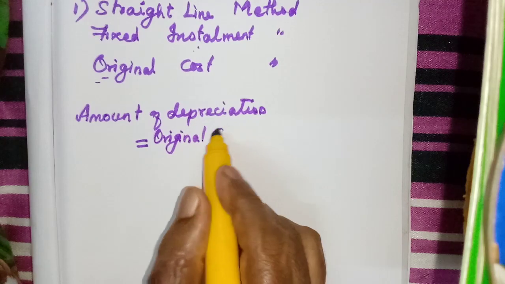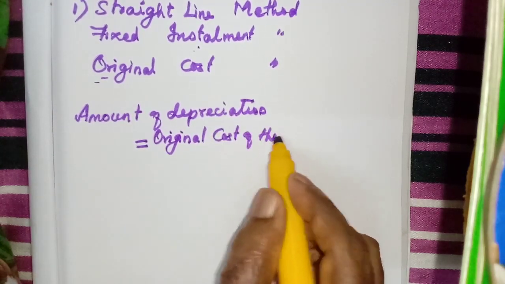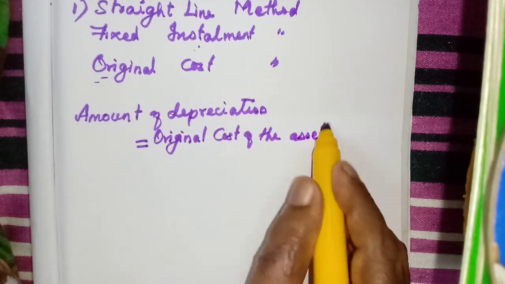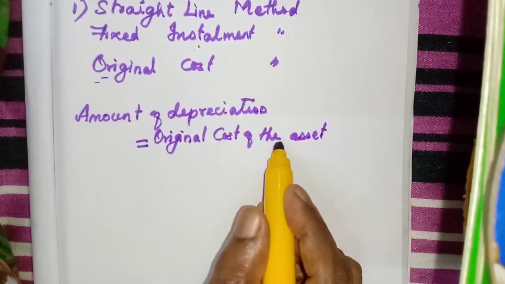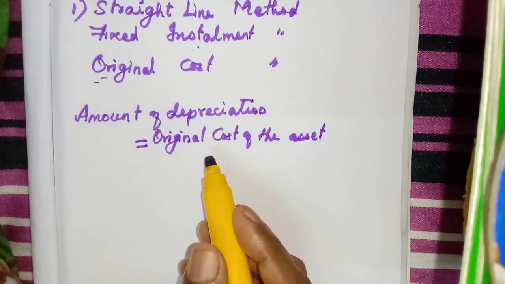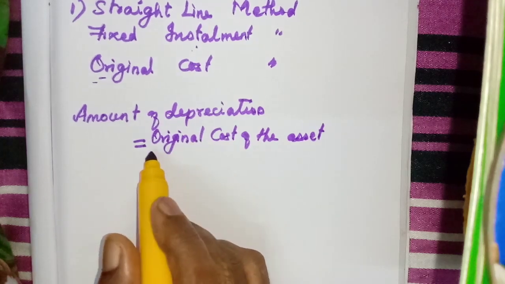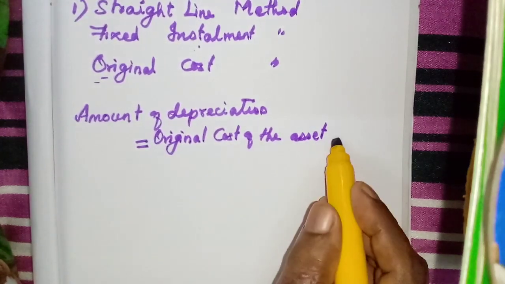Here the original cost means, I told you, actual cost. For that, whatever we have to add: any erection charges or any loading charges, unloading charges, everything must be added along with the purchasing price. That is called the original cost of the asset.